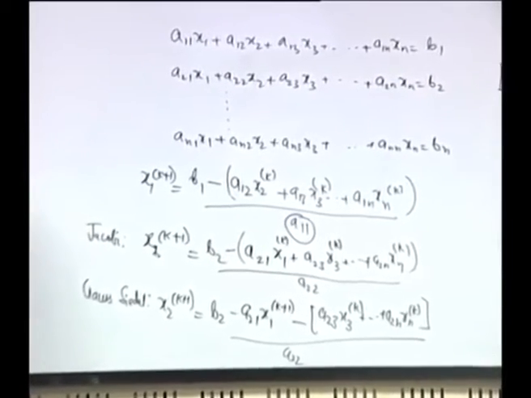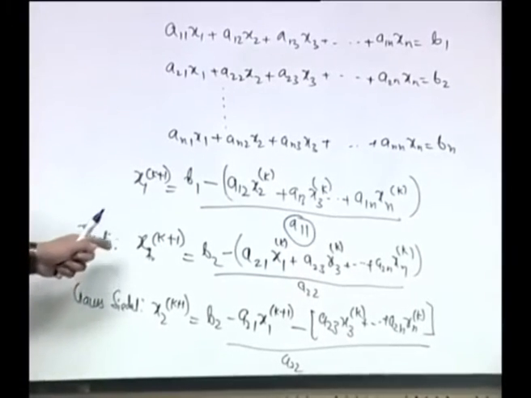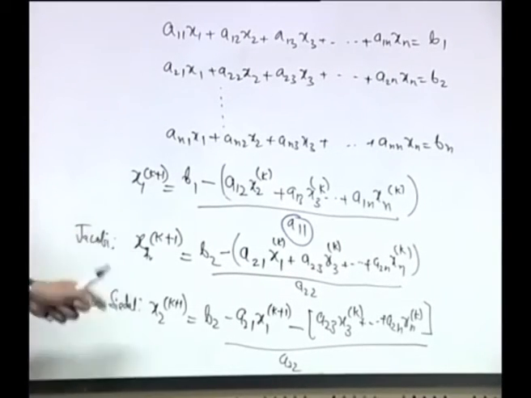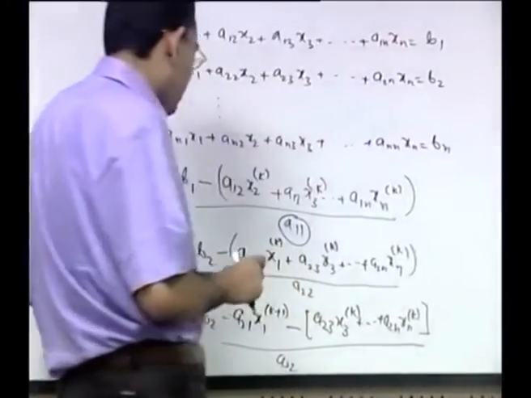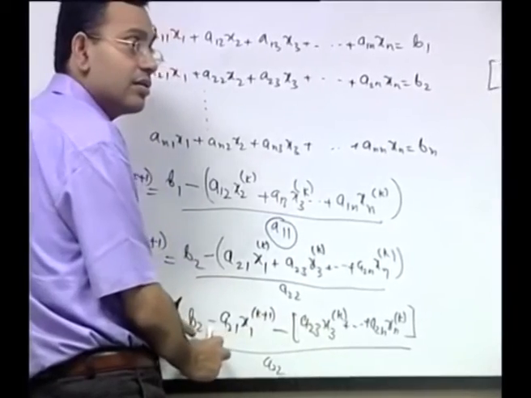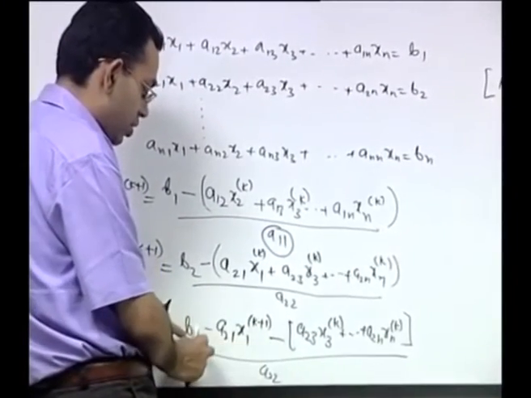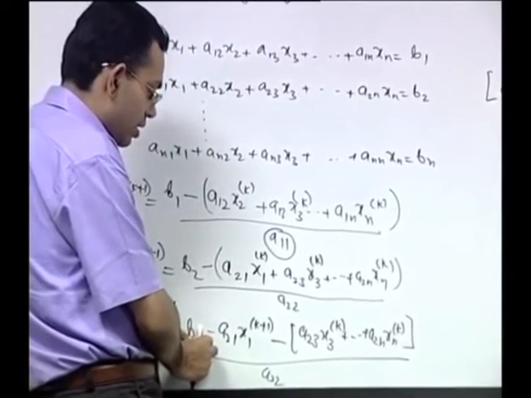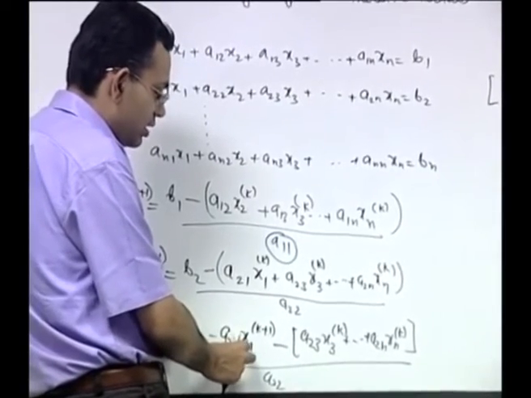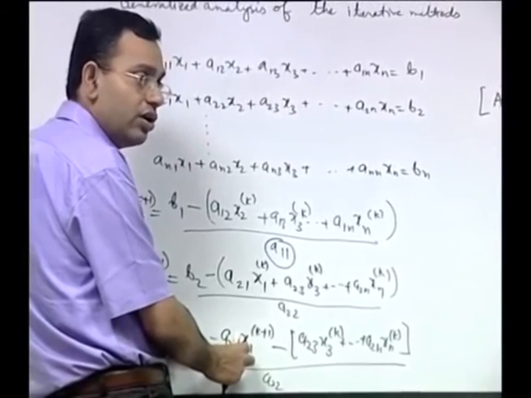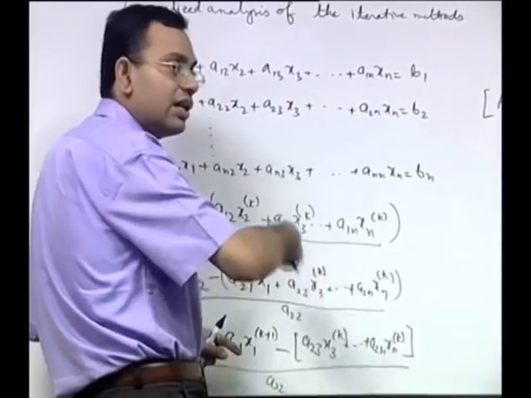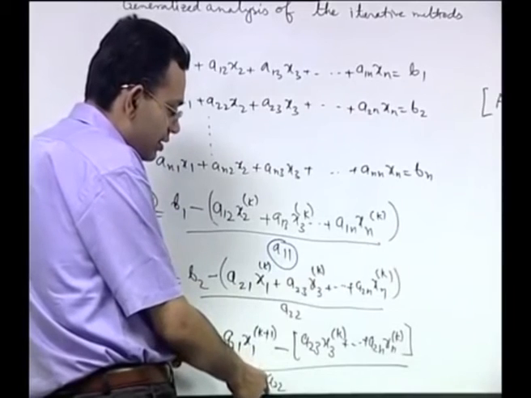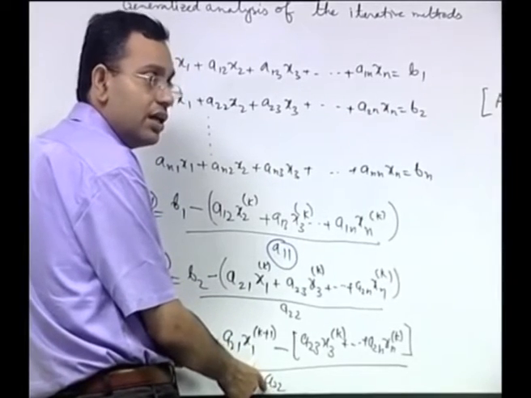Now, the question is, can we write the Jacobi and the Gauss-Seidel formula in a generic universal way. So, if you see you can have 3 different types of terms in the most general case in the numerator. One is the right hand side, then the term on one side of the diagonal in the second row, A21 is on one side of the diagonal and A23, A24, these are on the other side of the diagonal, and the diagonal term comes in the denominator.